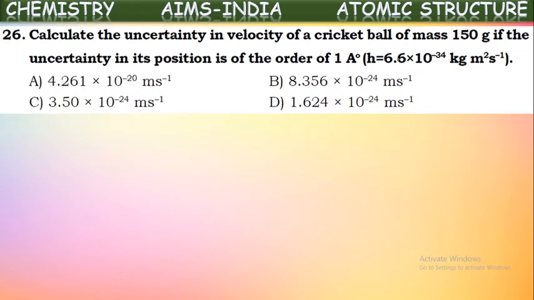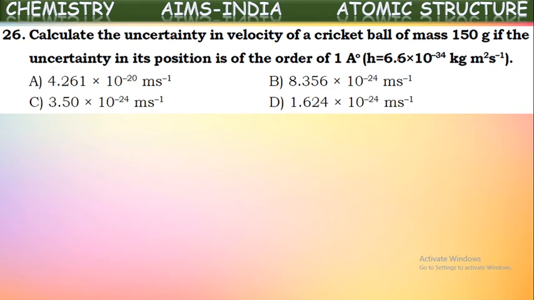Okay, next one. Calculate the uncertainty in velocity of a cricket ball of mass 150 grams if the uncertainty in its position is of the order of 1 angstrom. So they have given the uncertainty in position of a cricket ball, and they ask to calculate the uncertainty in its velocity.